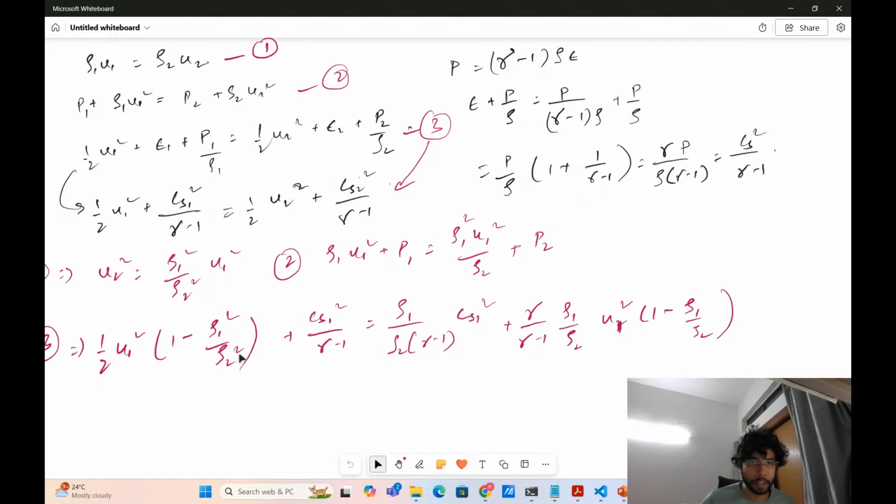So what did I do is that I just replaced U2 square with this thing, and I brought this one to the other side, so you get this term, right? So this will become then equal to this thing.